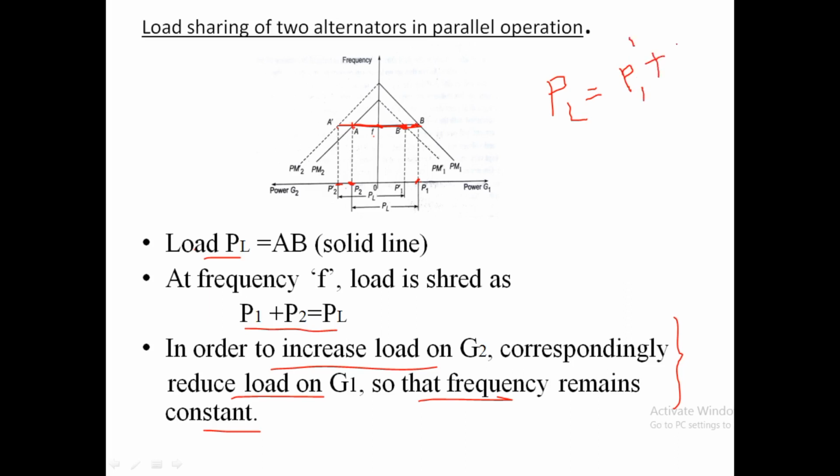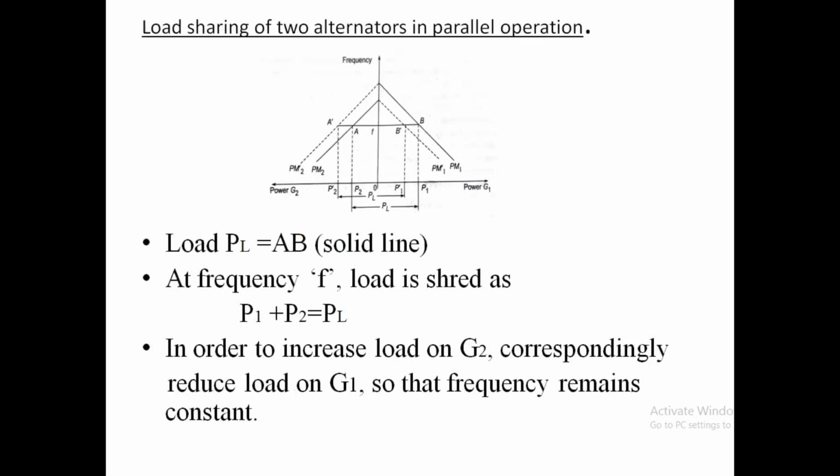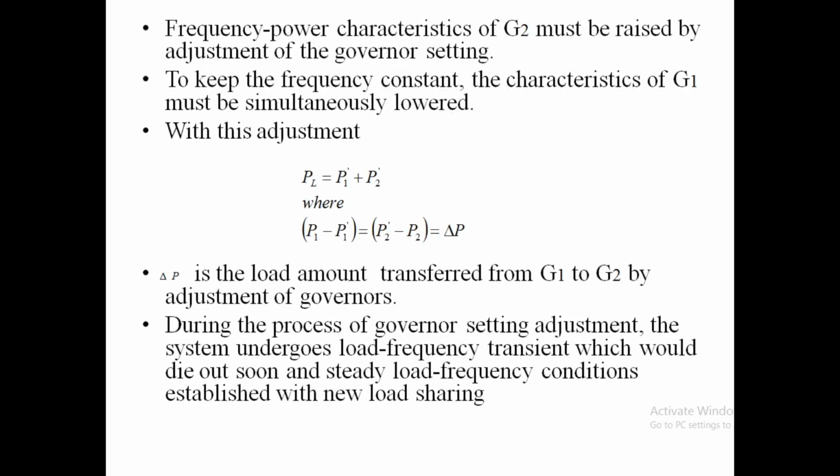Similar to PL equal to P1 plus P2. If P2 is increased, then P1 has to decrease. We are talking about frequency power characteristics. So whenever the load on G2 has to increase, the load on G1 correspondingly has to be decreased.